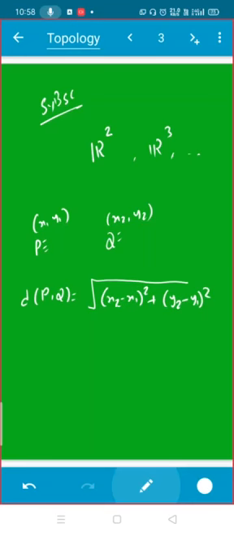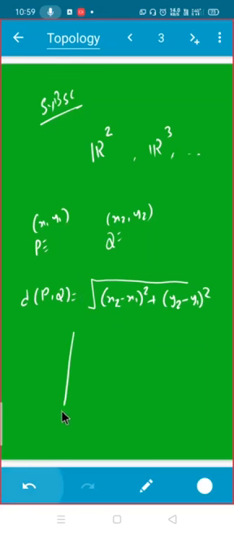Okay, so this was the distance. Now in R3, what is this distance called? This is called the usual Euclidean space, in which distance is defined like this. But what I am trying to tell you here is that this is not the only way to find the distance between 2 points.